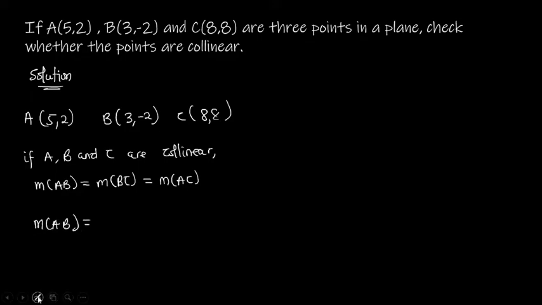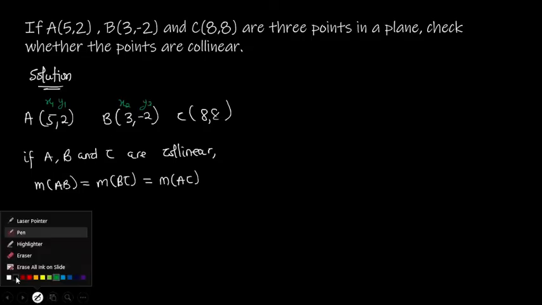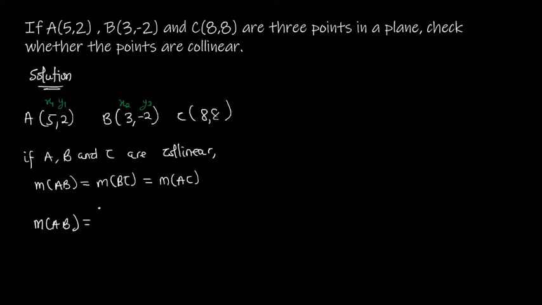So for my points AB, this becomes my x1, y1, x2, y2. Okay, so my formula is y2 minus y1 on x2 minus x1.